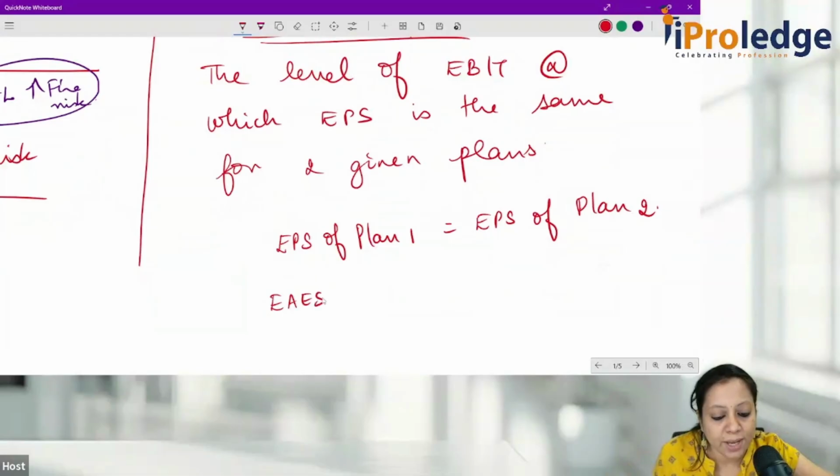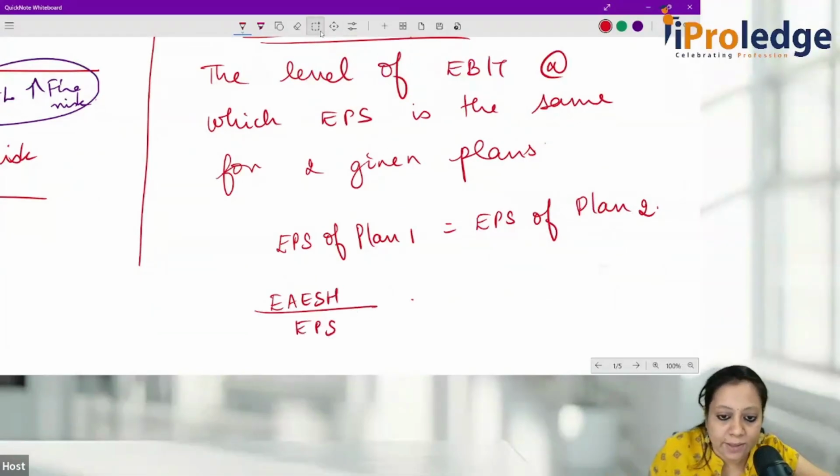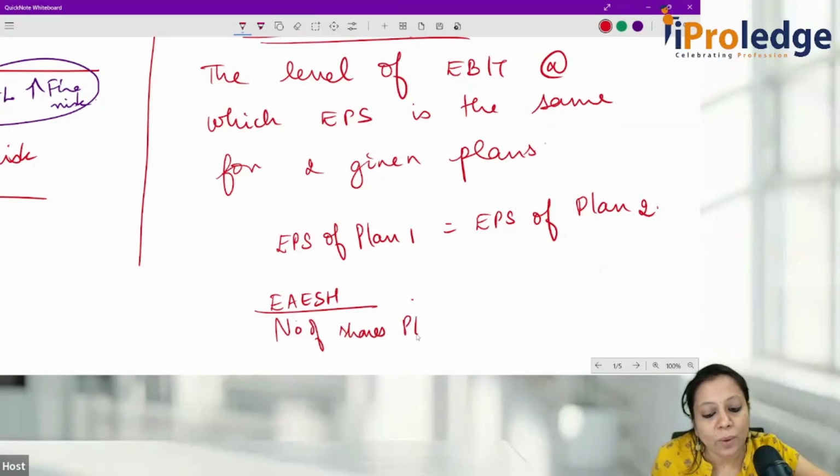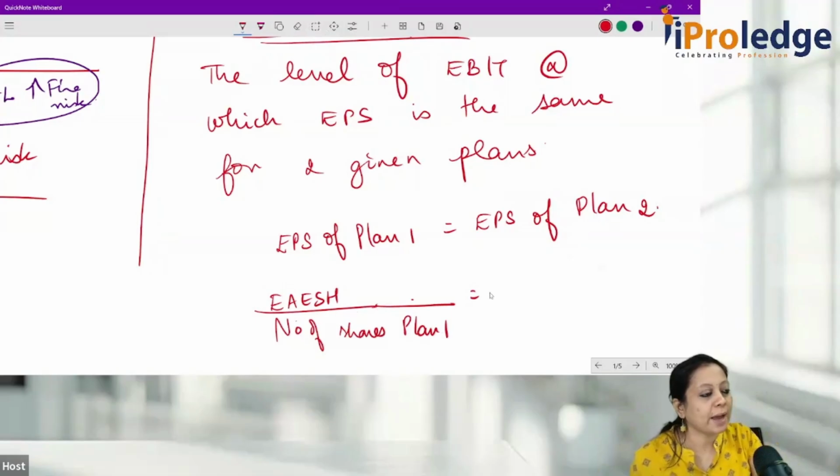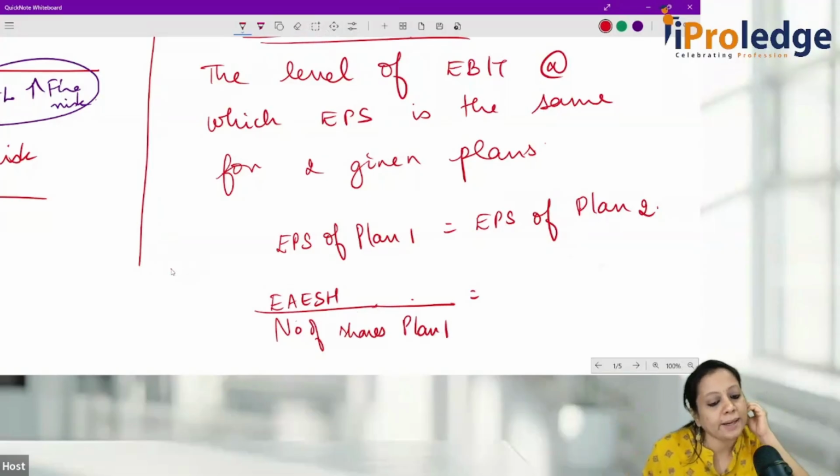Earnings available for equity shareholders divided by number of shares under plan 1, because the number of shares under plan 1 may be different from the number of shares under plan 2. How? In the first option, I'm considering only equity. In the second option, I'm having debt and equity. In the first project, there is only equity. Okay, I want 20 lakhs.